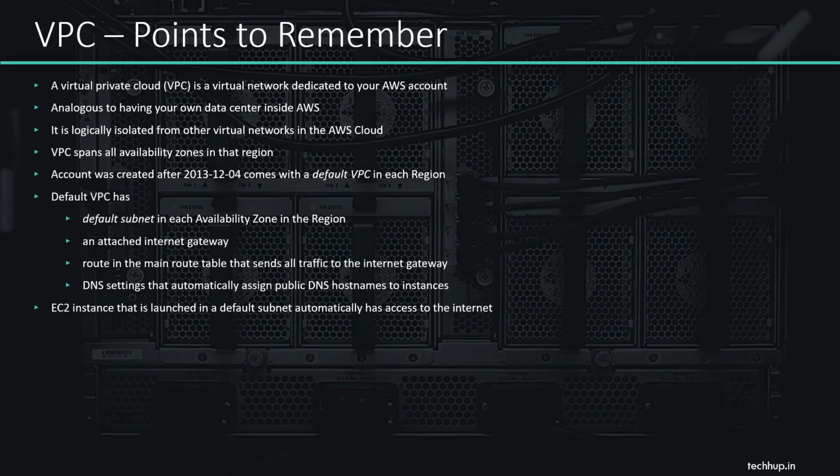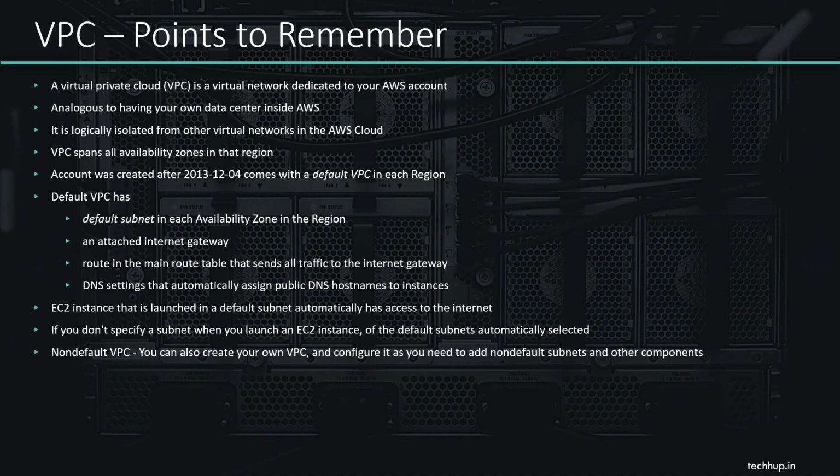An EC2 instance launched in a default subnet automatically has access to the internet because there is a main route table that sends all traffic to the internet gateway. If you don't specify a subnet when you launch an EC2 instance, one of the default subnets is automatically selected.